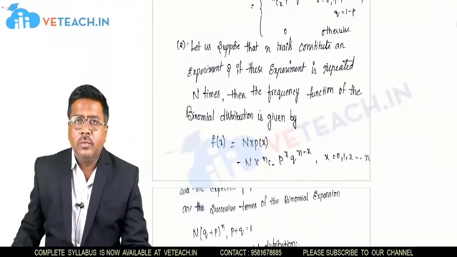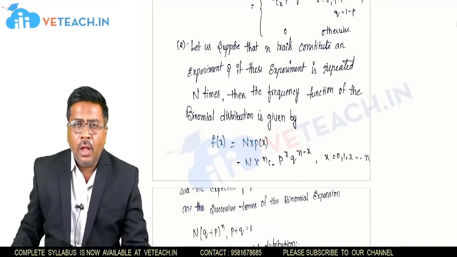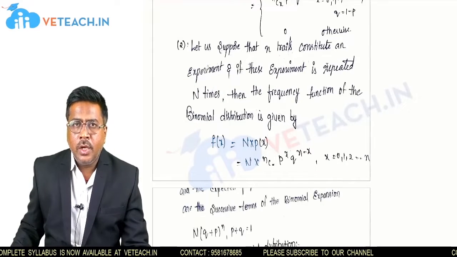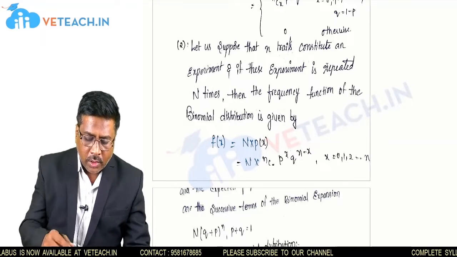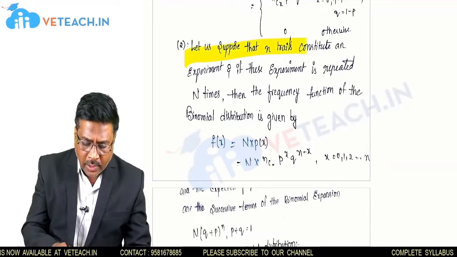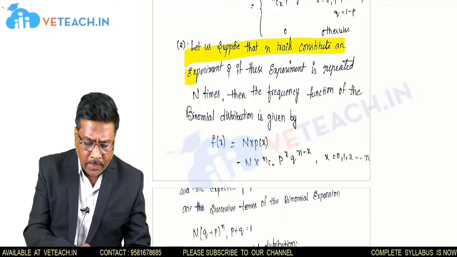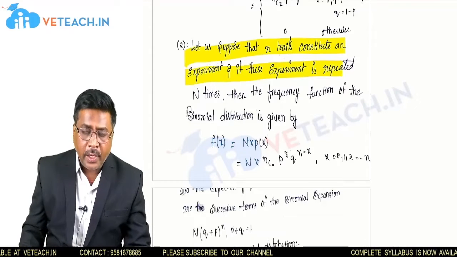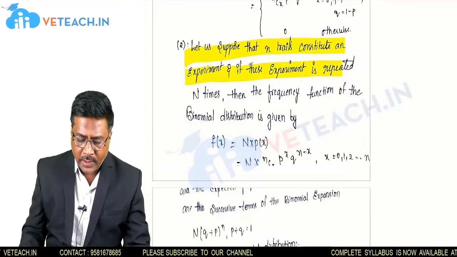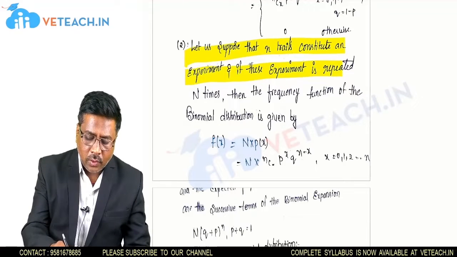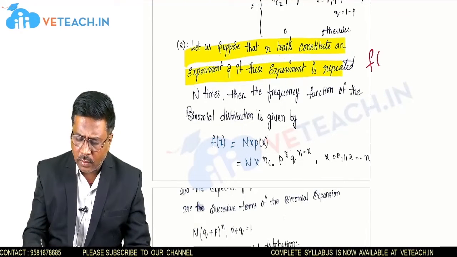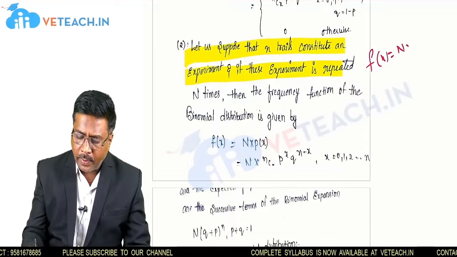Now we have to fit the binomial distribution. Let us suppose that n trials constitute an experiment. If this experiment is repeated N times, then the frequency function of the binomial distribution is given by f of x is equal to N into p of x.